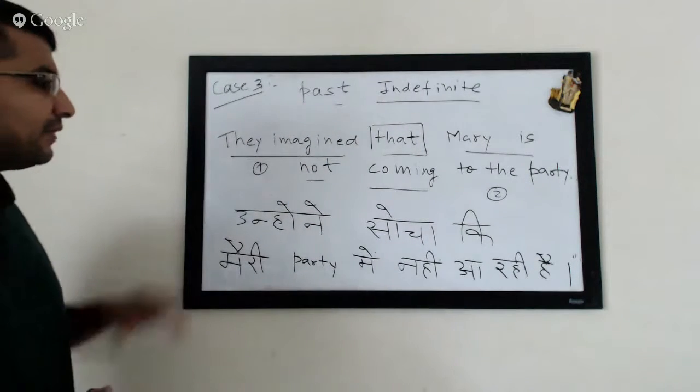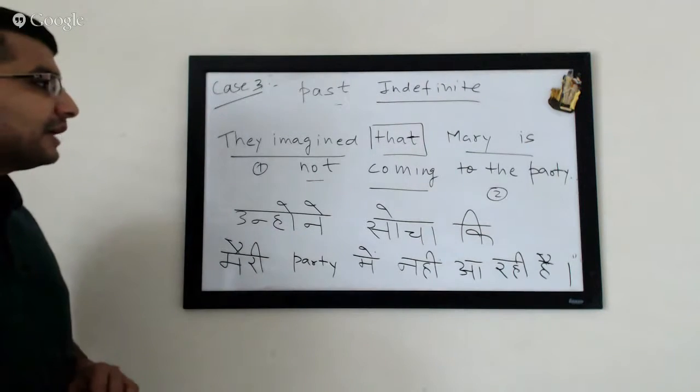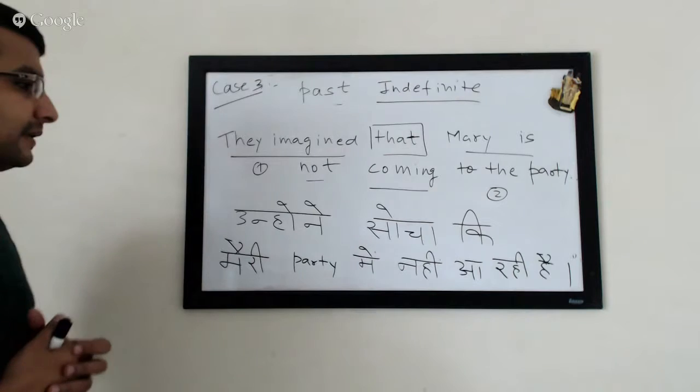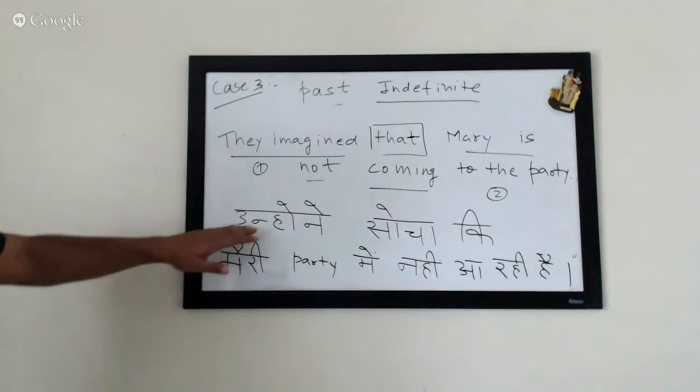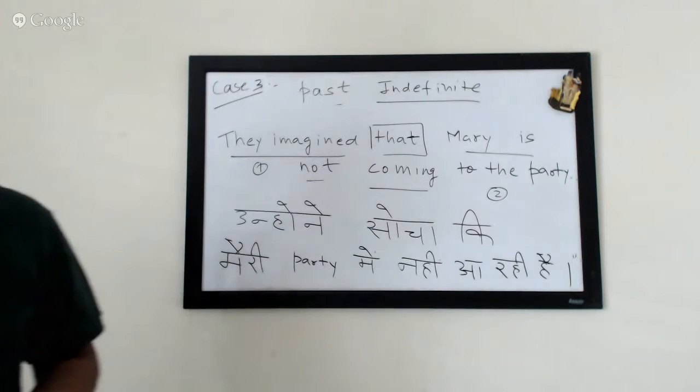And if you don't know the Devanagari script, that's fine as well. As long as you can remember from the Roman script. उन्होंने सोचा कि मैरी पार्टी में नहीं आ रही है.